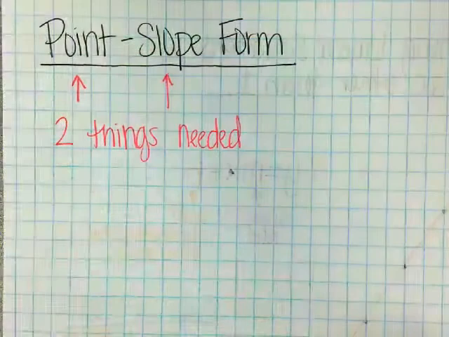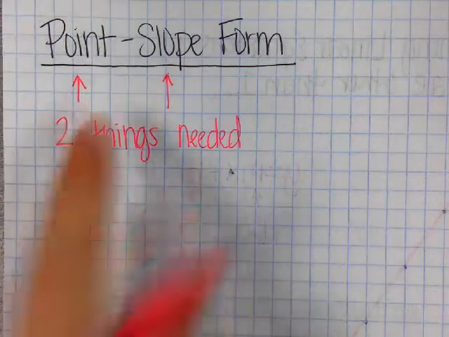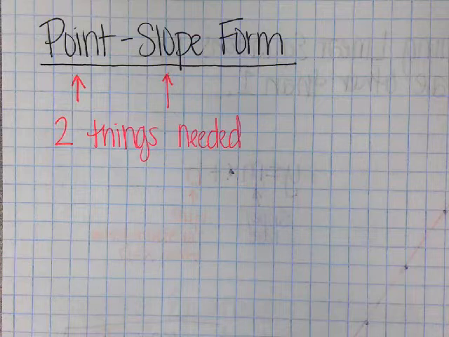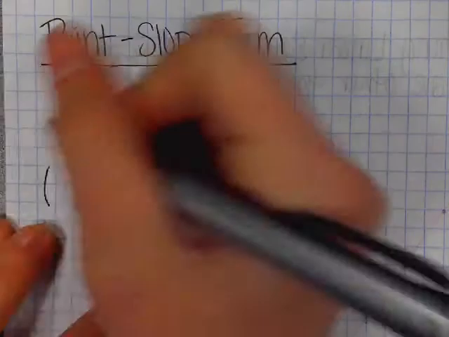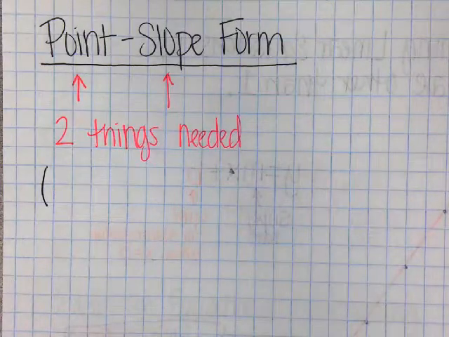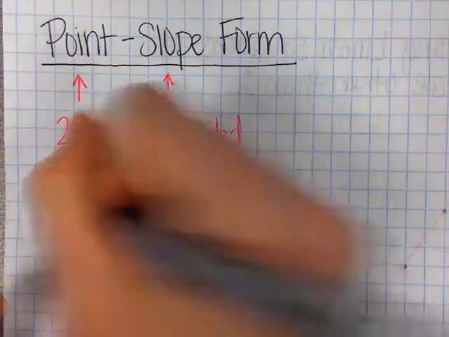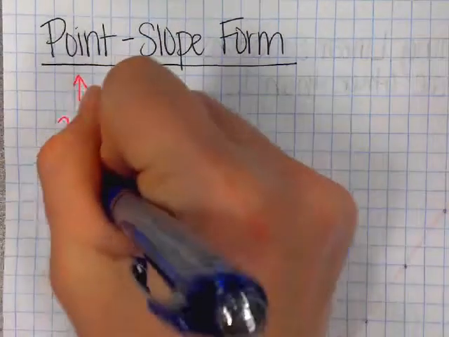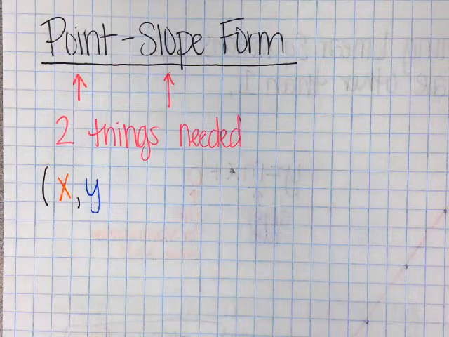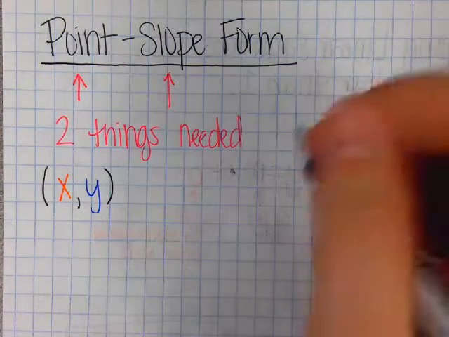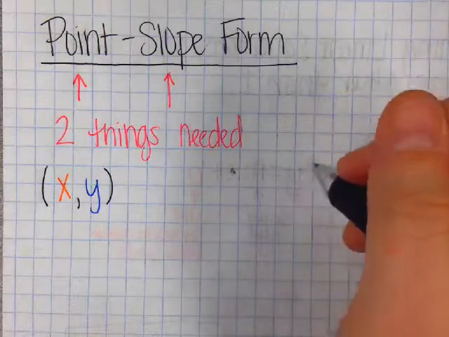The two things needed are point and slope. So you will always, like I said, need a point. So it's going to be set up like a coordinate, x, comma, y. And then the equation, and it seems weird, but once you do it a little bit, it's actually not too bad.